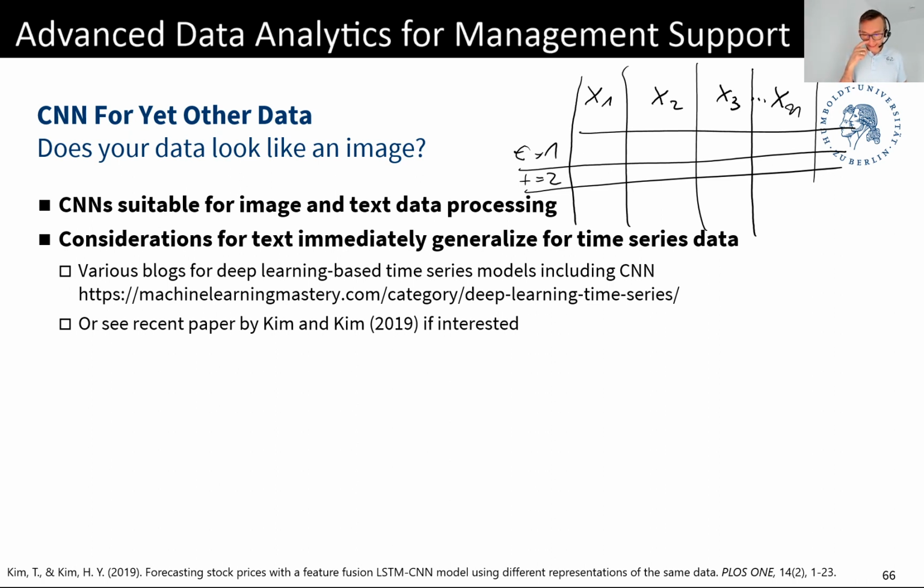And then our data looks a bit like the text matrix. In this example, we could apply the approach that we used for text, meaning we could always, by default, put our filter over the entire columns, let's say.